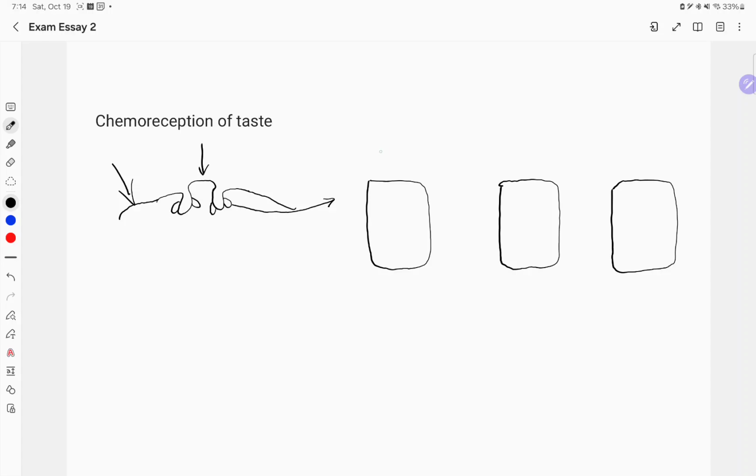So the first is going to be, let's do salty, then sour, and then sweet, bitter, and umami. I love saying that.